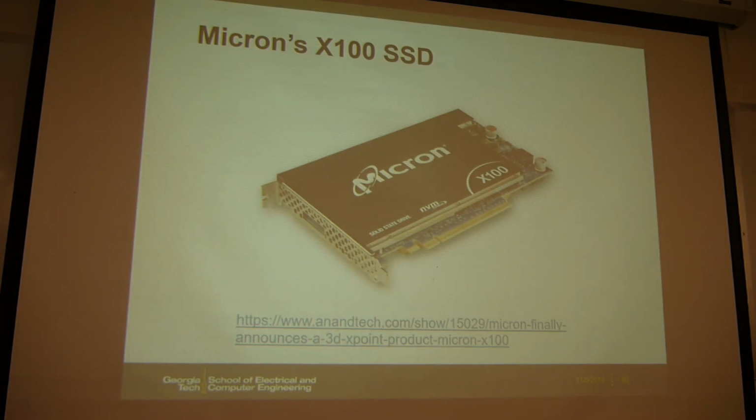But earlier this year, they decided to no longer work with each other, so they want to sell their own products with different names, like Optane or X100. They stopped the collaboration, and they want to specialize the process by their own roadmap. So that's the situation right now.